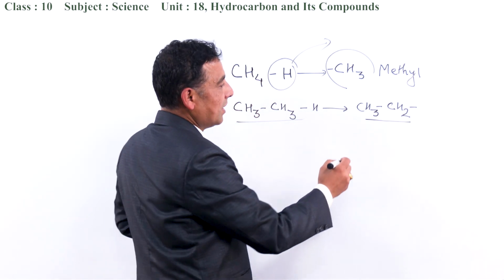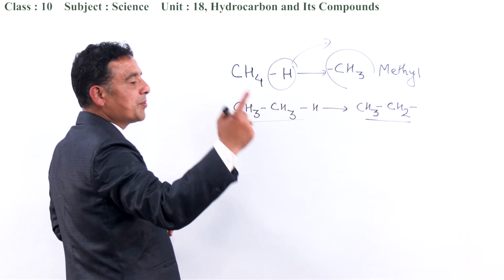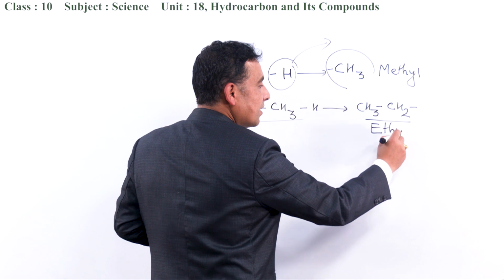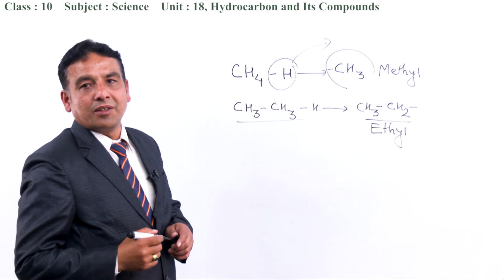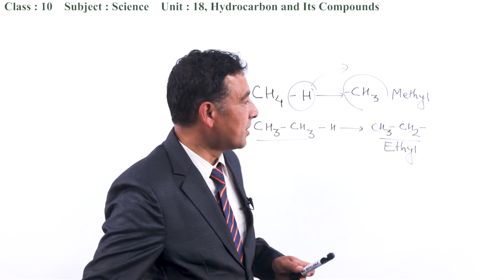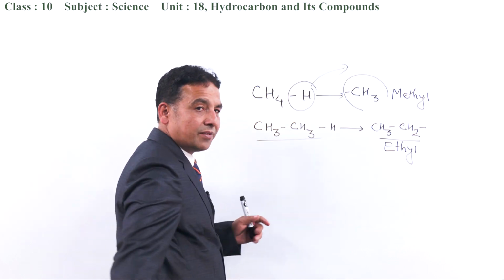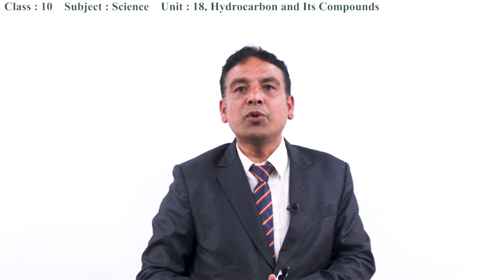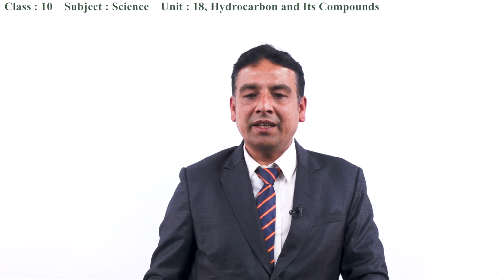Then what is it? If one hydrogen has been removed from the ethane, then the remaining product is called the ethyl, and they do not have the completely bonded structure. That means one bond is still incomplete in each carbon atom.